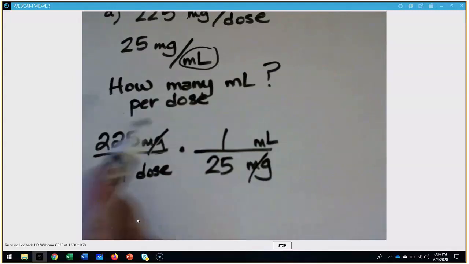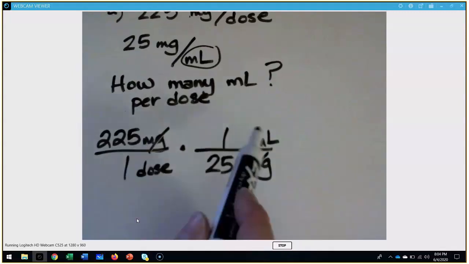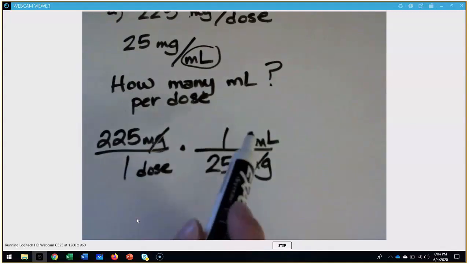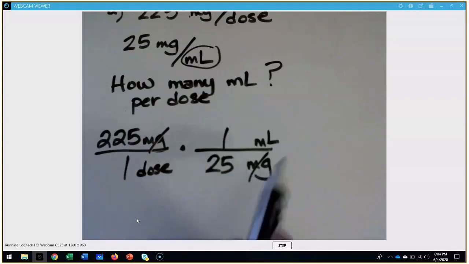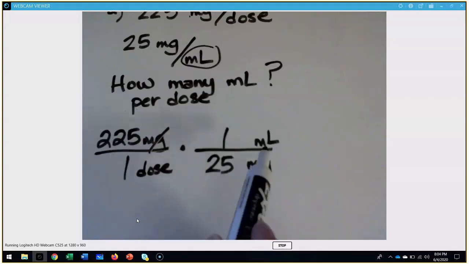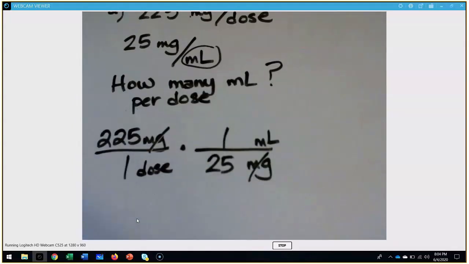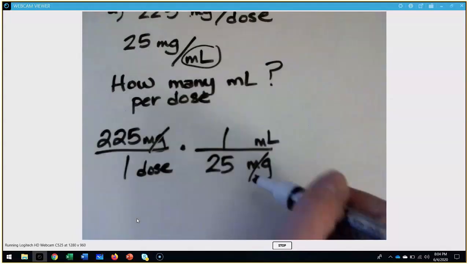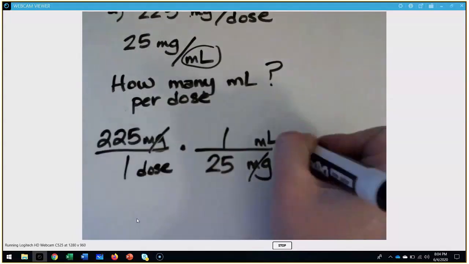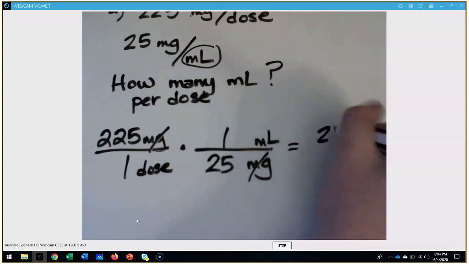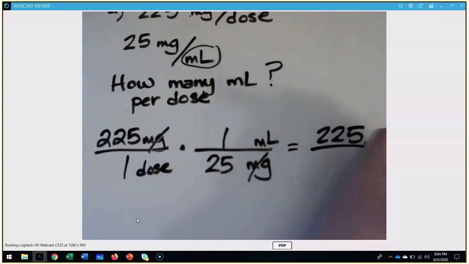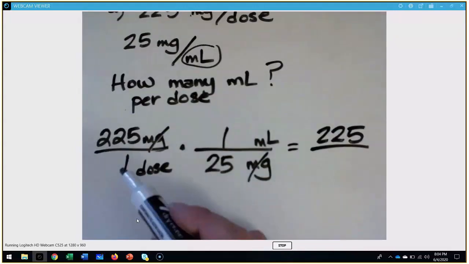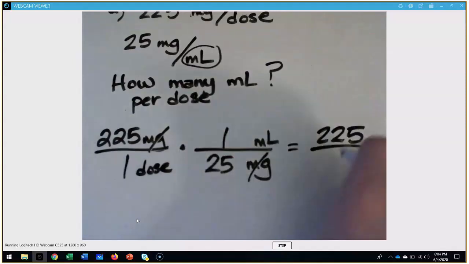Yes. Okay. You can manipulate all of this pretty much however you want, as long as it's coming out as what you need it to be. So you can flip the concentration information upside down if you need to, depending on what you're trying to do. And then we're going to multiply it straight across. It's going to be 225 times 1, which is just 225, and 1 times 25.